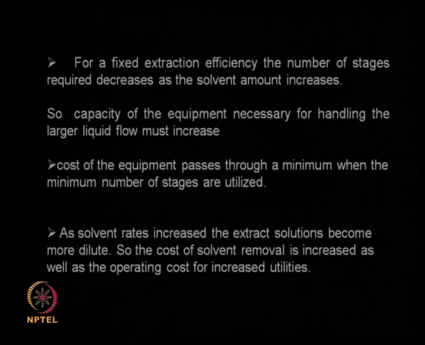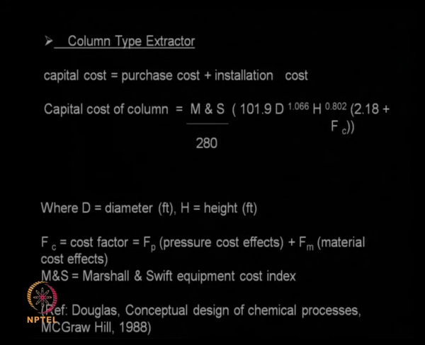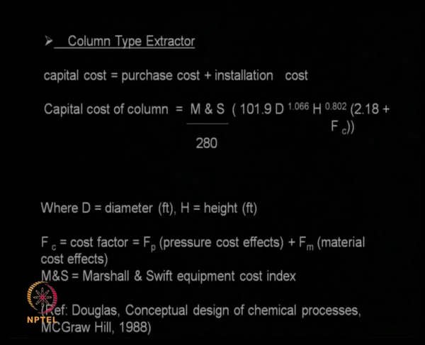For a fixed extraction efficiency, it is not so simple to say that I will require so many stages and so much solvent per hour or per minute, and so on. Now, let us look at each one of these extractors and what are the various factors that contribute to the cost, and how the cost looks as a function of various parameters.